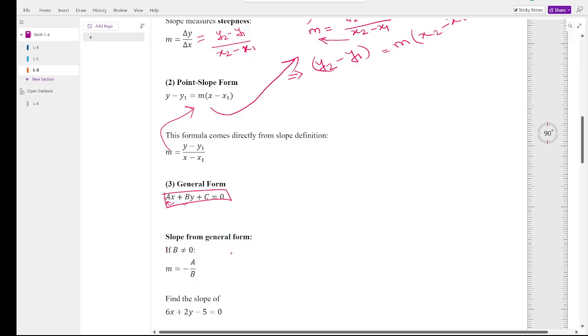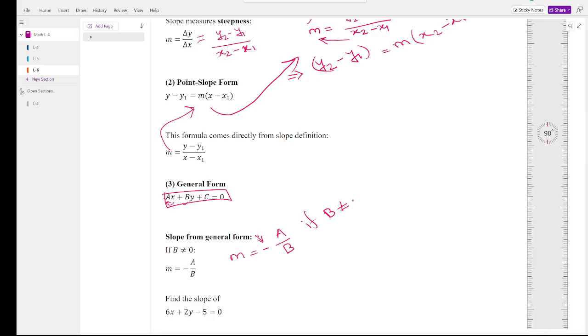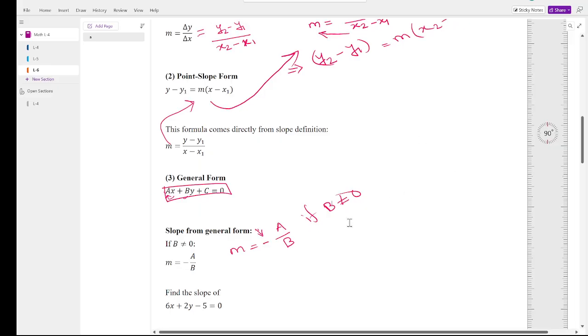We can write m equal to minus a divided by b. Of course, be careful about the minus, and the condition must be that b does not equal 0. If b equals 0, it will be infinity, so b cannot be 0.